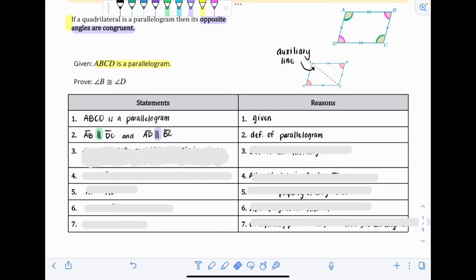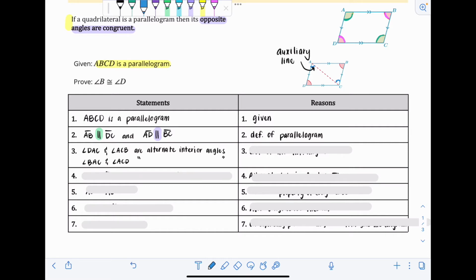For 3, we can start building an argument about the alternate interior angles. Angle DAC, this one right here, and angle ACB, this one right here, are alternate interior angles.